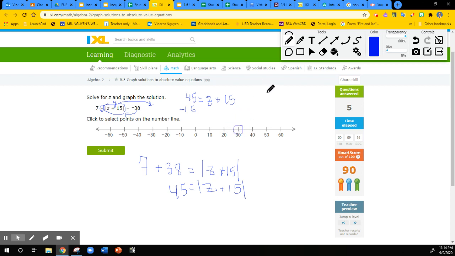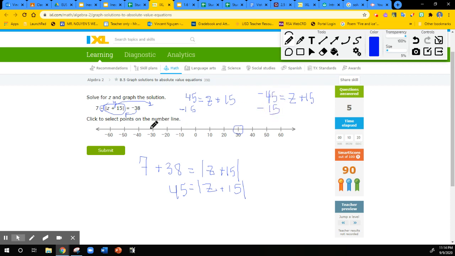And then the second solution would be the negative case here, negative 45. Sorry, let me rewrite that. It's messy. There you go, negative 45 equals z plus 15. Now, we already have negative 45, and then now we're going to put another negative 15 on there. So together, it's going to be more negative, right?